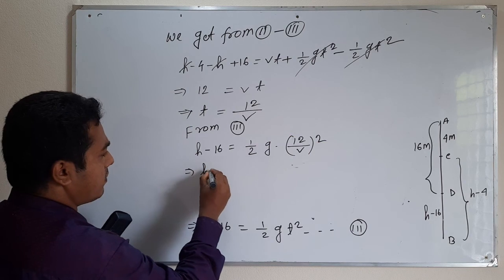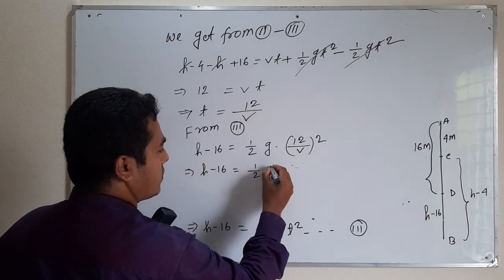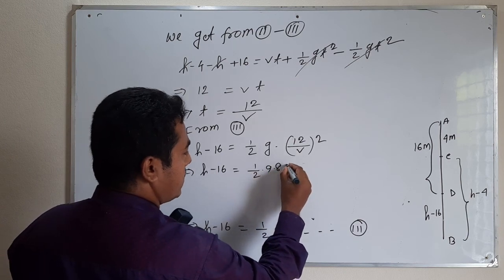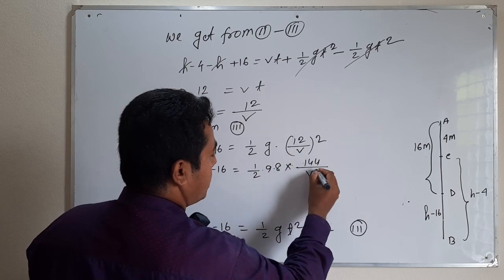So H minus 16 is half of G times 144 divided by V square.